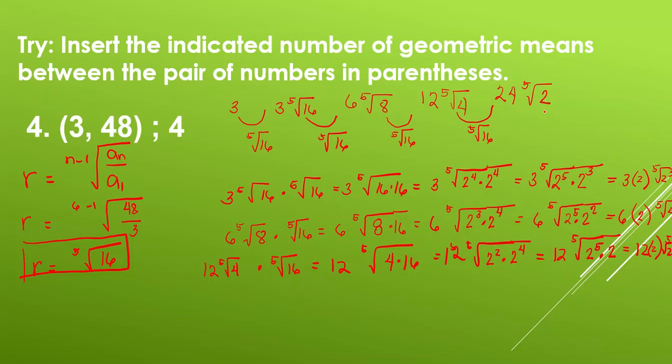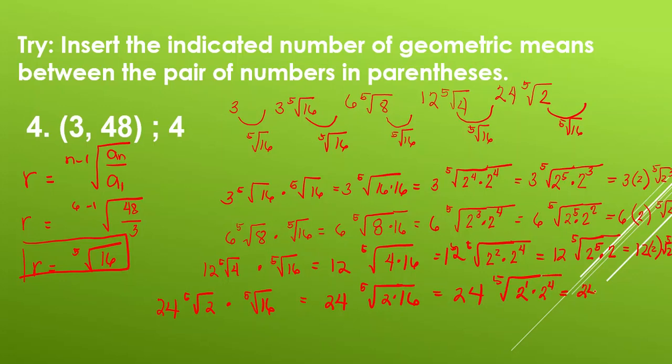Okay. Next, multiply by the fifth root of 16. So 24 fifth root of 2 times fifth root of 16. So 24 times fifth root of 2 times 16, expressed as 24 fifth root of 2 times, so this is 2 raised to 1 and 2 raised to 4.